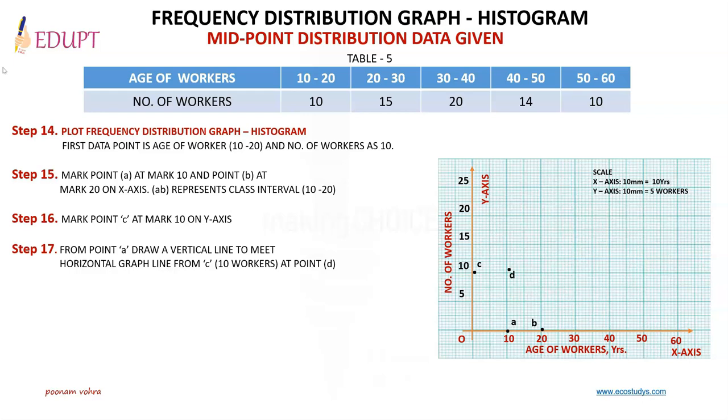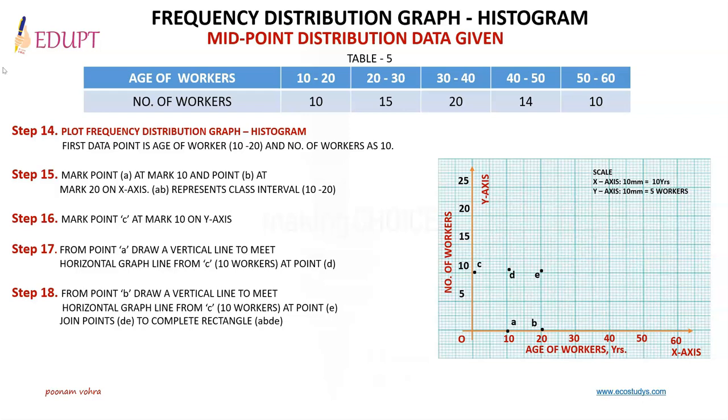From point A, draw a vertical line to meet horizontal graph line from C, which represents 10 workers at point D. Then from point B, draw a vertical line to meet horizontal graph line from C, representing 10 workers at point E. Then you need to join point D and E to complete the rectangle.